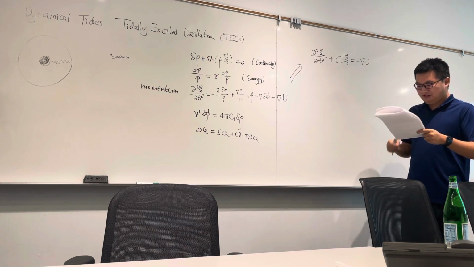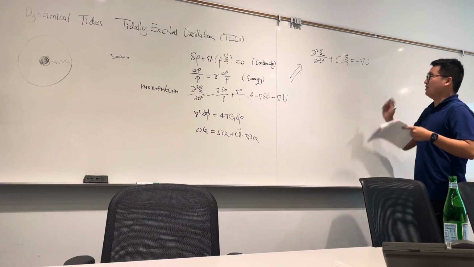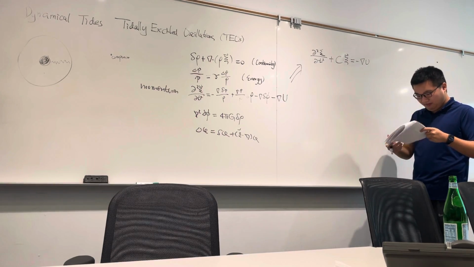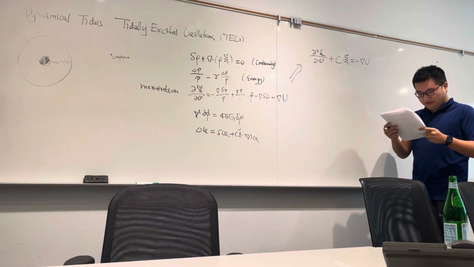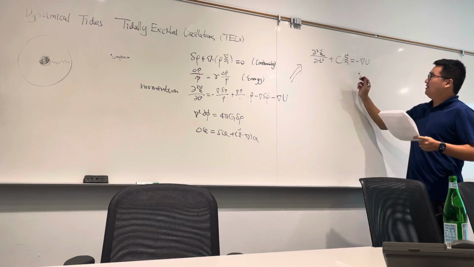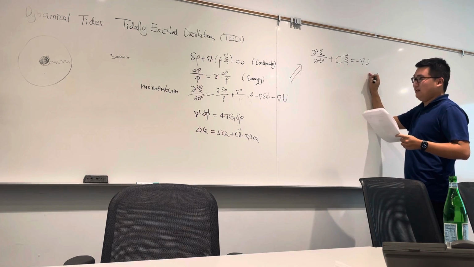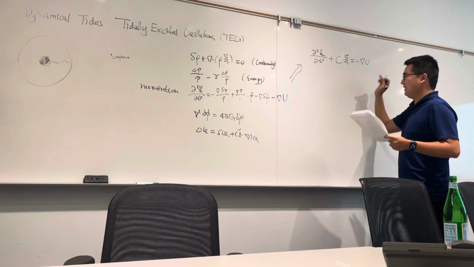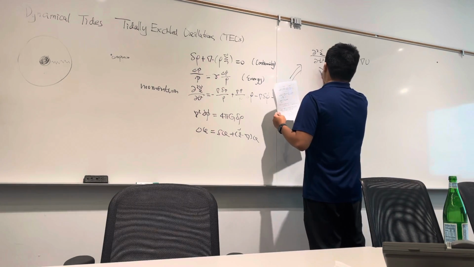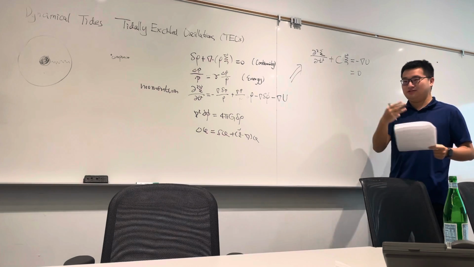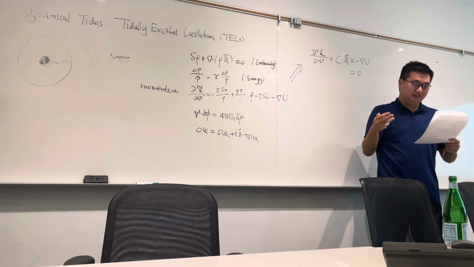Okay, so let's try to solve this equation. If we don't have this external tidal potential, then this equation just becomes this thing equals 0, and that is just the normal stellar oscillations that we can solve.